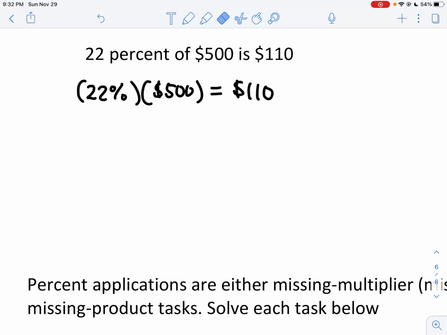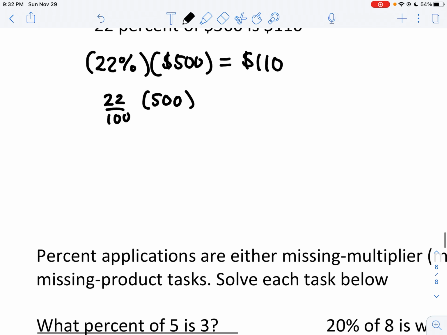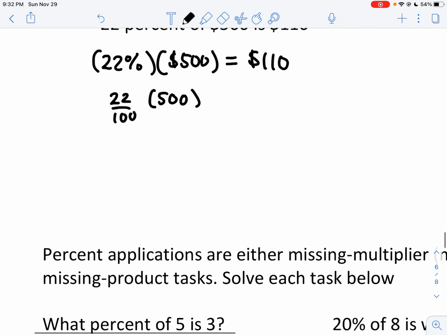Well, 22%, just convert that to a decimal or a fraction. Let's go fraction route. So it's 22 hundredths. We're going to multiply that by 500. Then we multiply the numerator 22 with the 500.